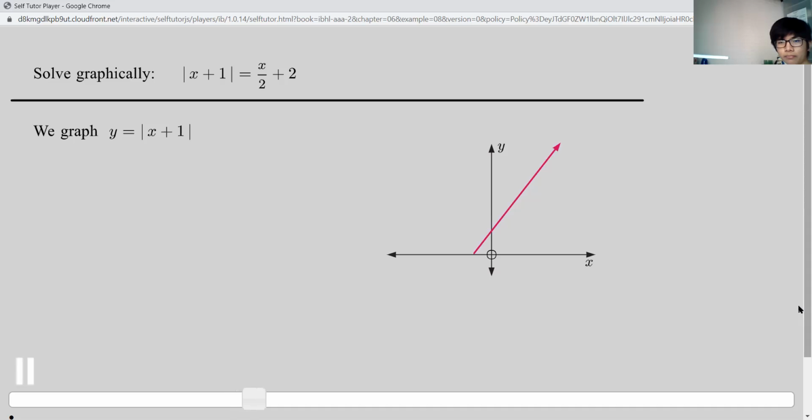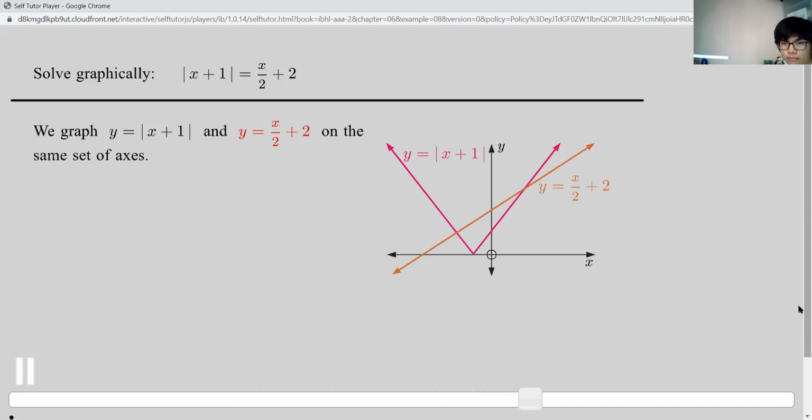X plus 1 is positive when x is greater than or equal to minus 1. So for these values, the graph is simply y equals x plus 1. X plus 1 is negative when x is less than minus 1. For these values, the graph is the negative of the expression x plus 1.